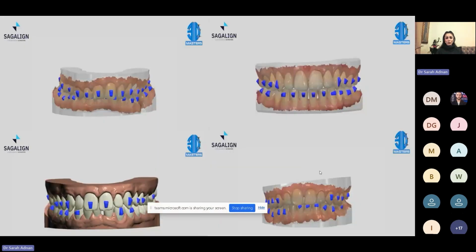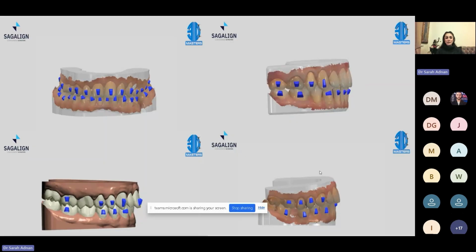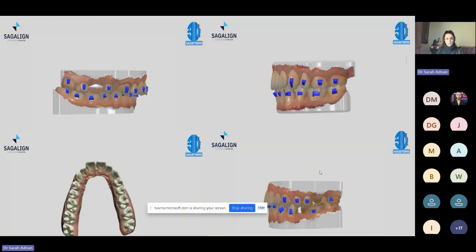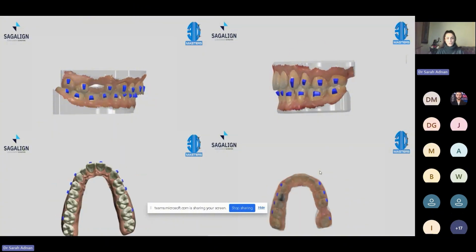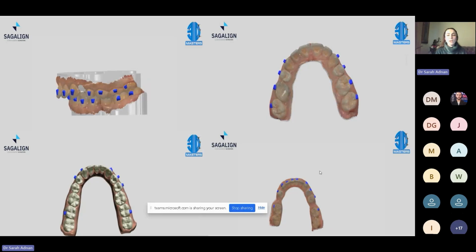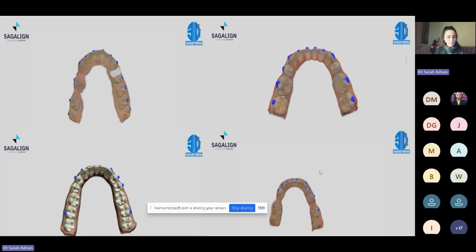Likewise, software has dramatically advanced, and now it is possible to treat very complicated cases with aligners. Even extraction, retraction, intrusion, and distalization cases are all possible now. However, in this lecture, we will focus on how to control follow-up during treatment rather than planning, though we will also include some planning advice.